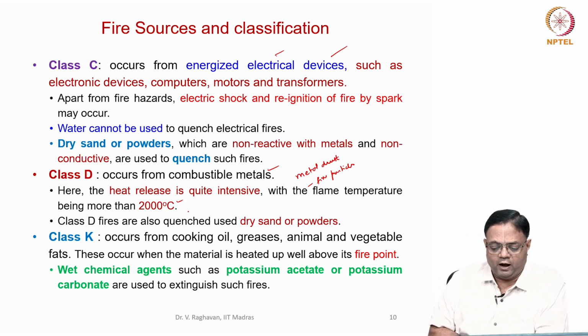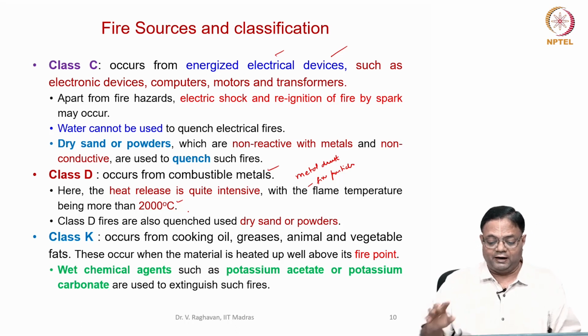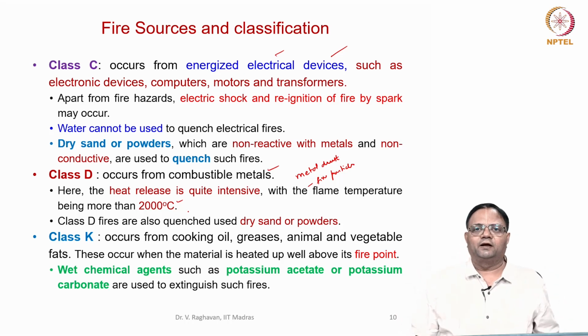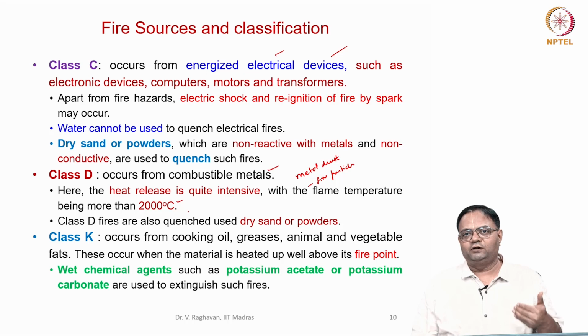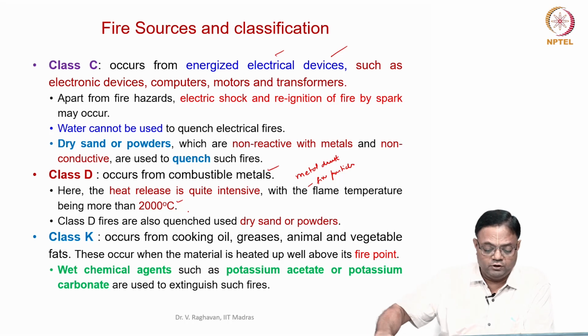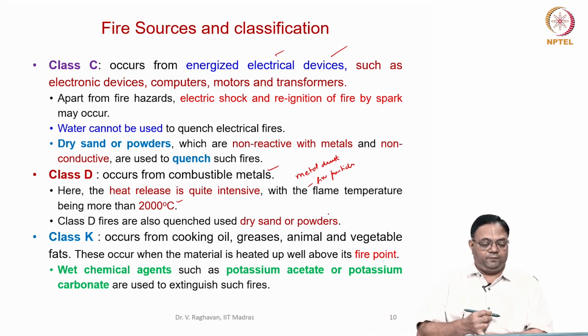You can also use halon, etc. That's no problem. But the other alternative for quenching the fire will be dry sand. So sand is a very good thing. Probably the cleanup process will be somewhat tedious, but quenching the fire and saving the structure will be possible when you use dry sand or powders in the class D fire, like in class C.